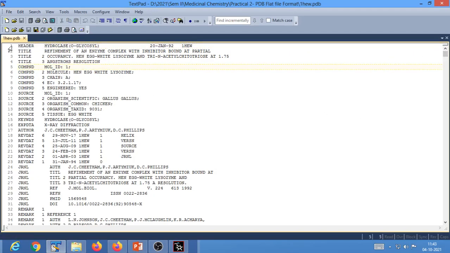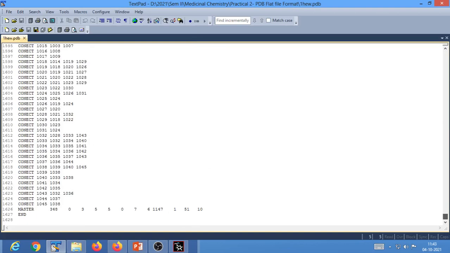Well, let us scroll down. This column indicates the line count. So this is the first line, second line, third line, fourth line, and fifth line. In this way, if we scroll down, you can see that this PDB file consists of data extended over 1627 lines.